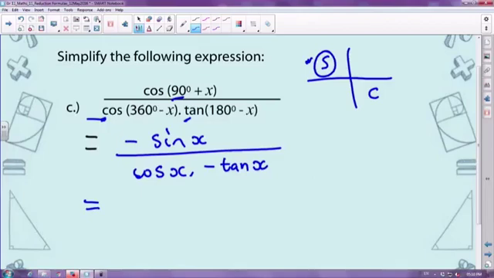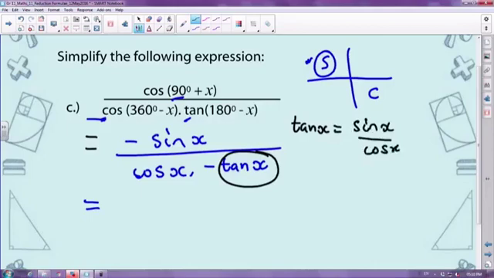Now, remember when we were doing identities, tan of x is sine x over cos x. So in other words, if I see sine x over cos x, we can make that tan x.